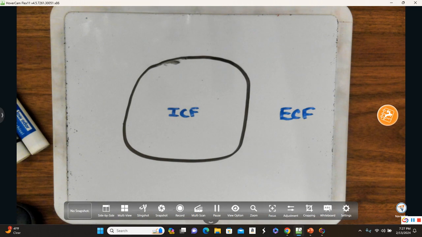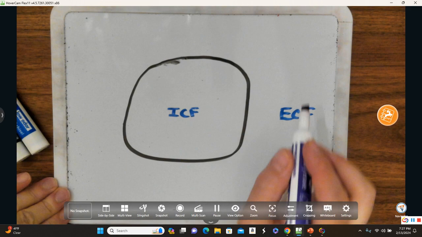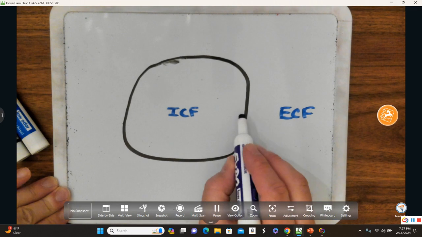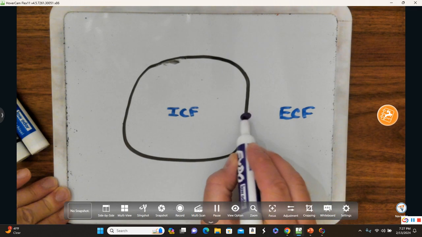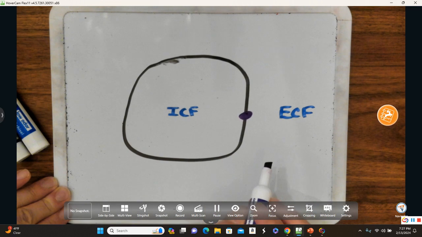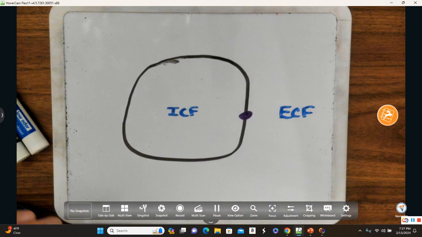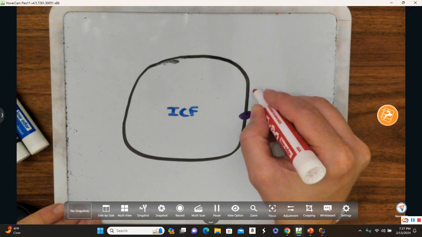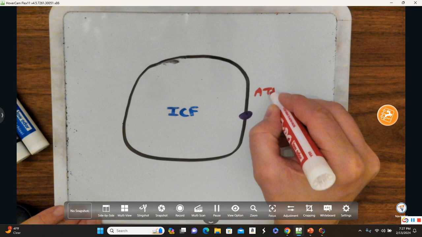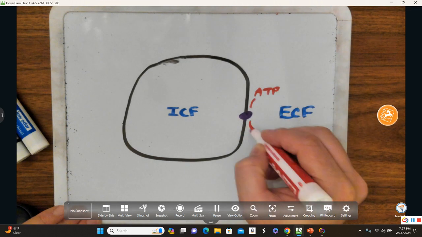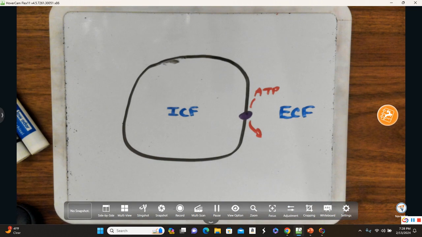We have a protein. Now, let's just say, for example, I have this protein right here embedded in the cell membrane. Let's say what this protein does is take in ATP, okay? We know that's the energy of a cell, ATP. ATP comes into it, binds to it, and this ATP allows it to do something.